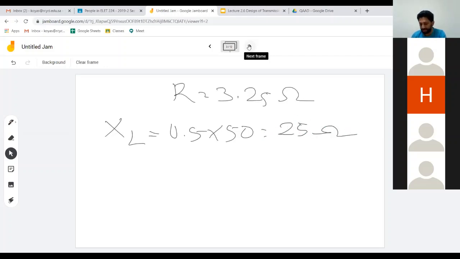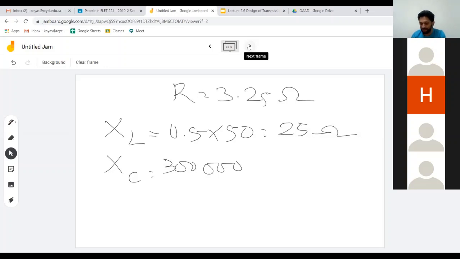And what will be XC? XC is 300,000, not multiply with 50, because XC is 1 over 2 pi FC. So here, as the length increases, capacitance will increase. That means the XC will decrease.